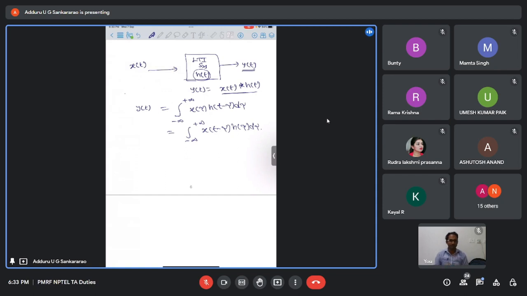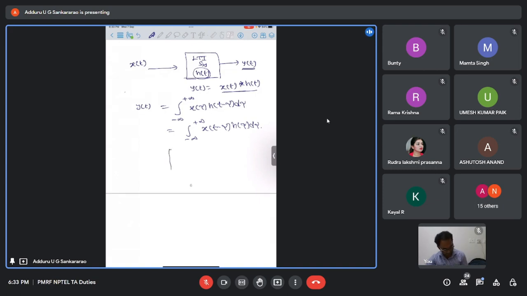So this is how we define the output for an LTI system, which is the convolution of input and the impulse response of the system. Similarly, for a discrete system, let its impulse response be h of n, and we give x of n as input, then y of n is the output.